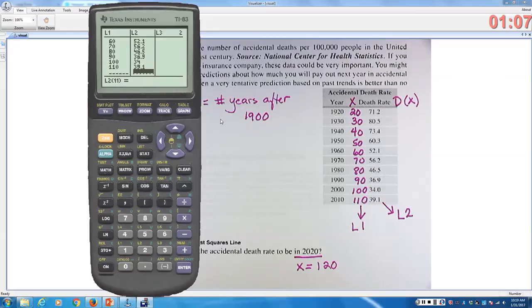Make sure that list 1 and list 2 have the same number of entries. They're the same length. Your calculator will give you an error called a dim mismatch, which means the dimensions of the two lists don't match, if you don't do that.